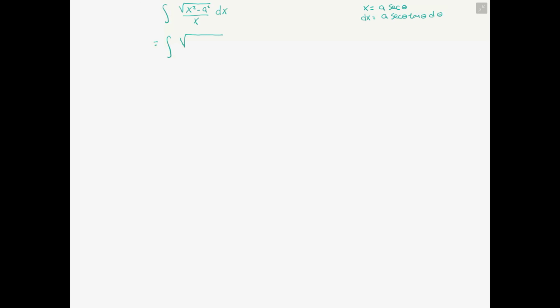So we have now with our trig substitution a squared secant squared theta minus a squared over a secant theta, and then we add the differential portion, which is a secant theta tan theta d theta, and then we do a little algebra to clean things up.